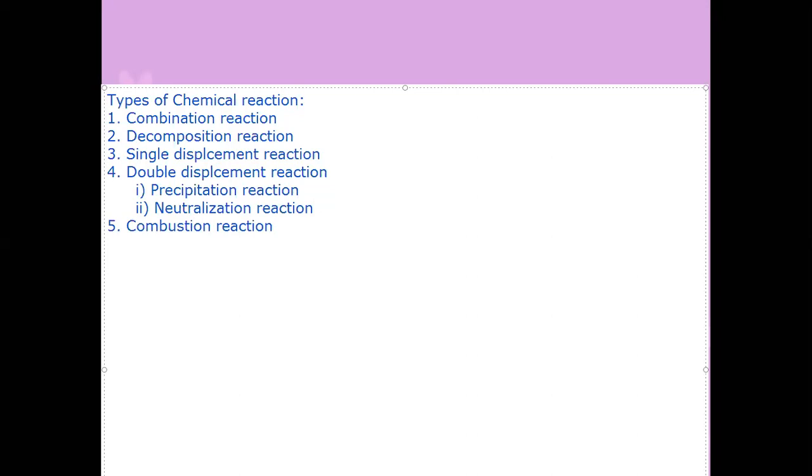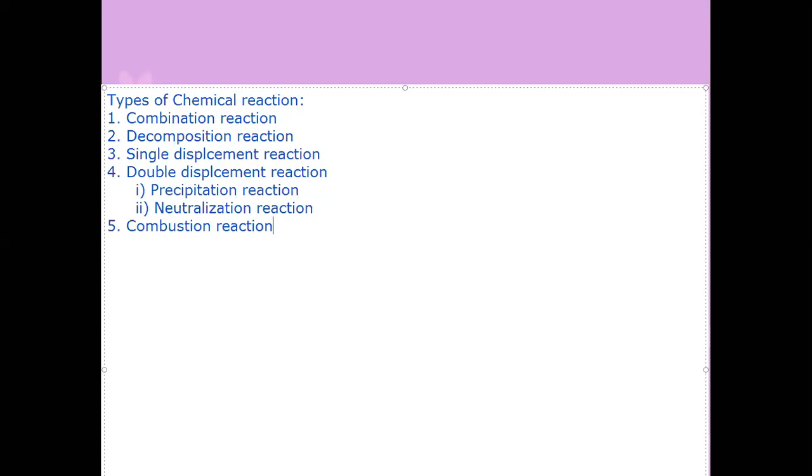It is one in which the reactant rapidly combines with oxygen to form one or more oxides and energy. So in combustion reactions, the atoms react with oxygen. So oxygen is one of the reactants, to form oxides and energy. So this is called a combustion reaction.